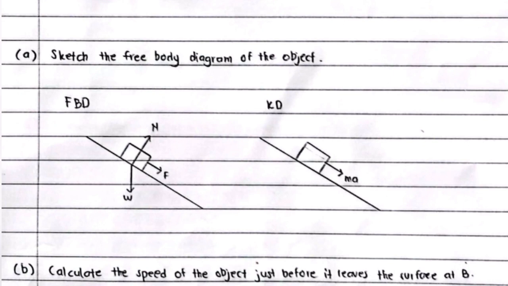Firstly, for question 1, the question asks us to sketch the free body diagram and the kinetic diagram of the object. In figure 1, it states that the object is on the slide. So we will have the normal force that acts perpendicular to the slide surface.